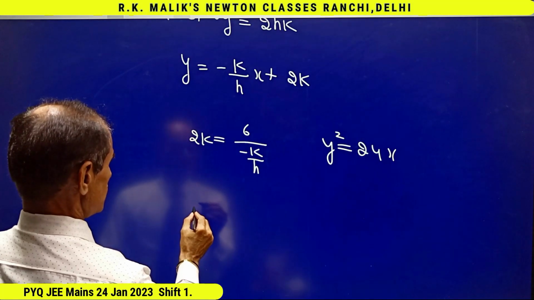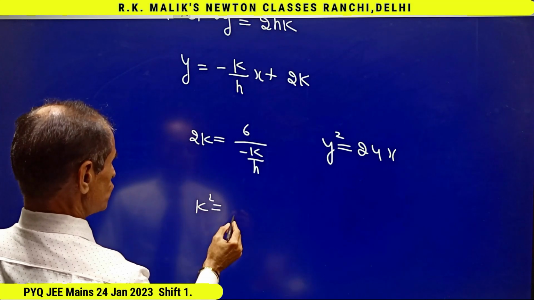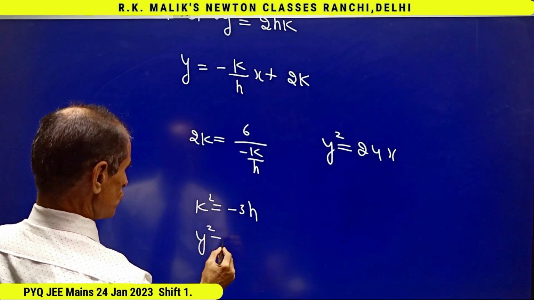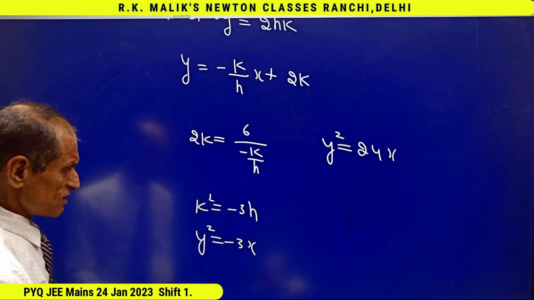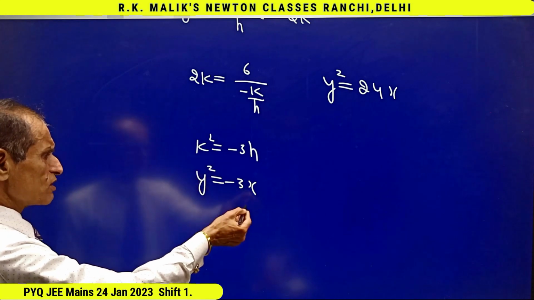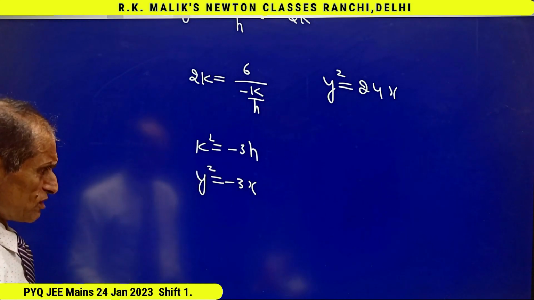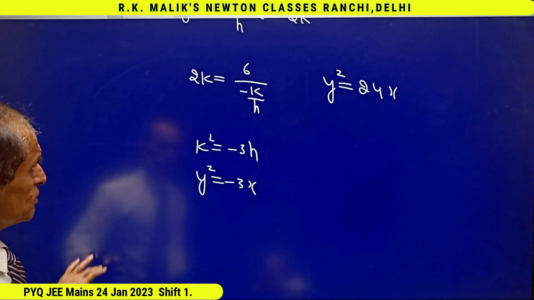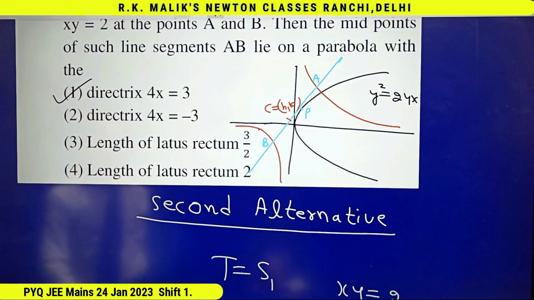That is, I can say k square equal to minus 3h, that is y square equal to minus 3x as the equation of locus. And for this locus, it is very easy to see, as I told in the previous way also, that first choice is the correct choice.